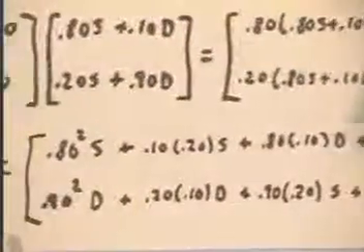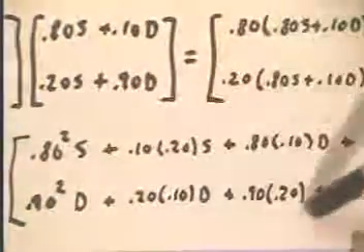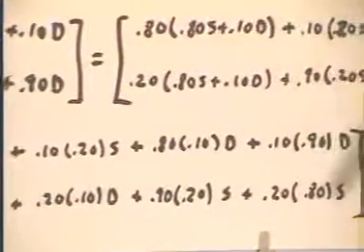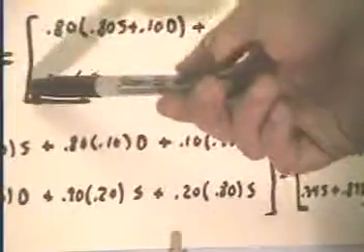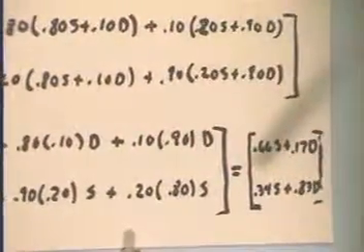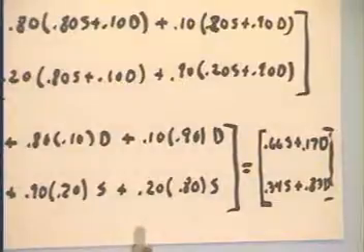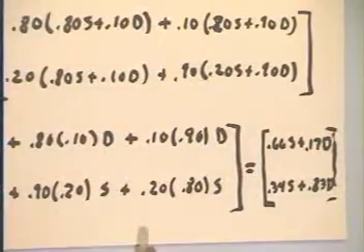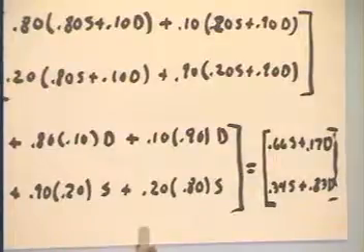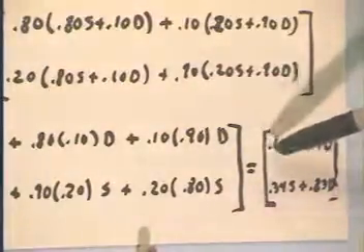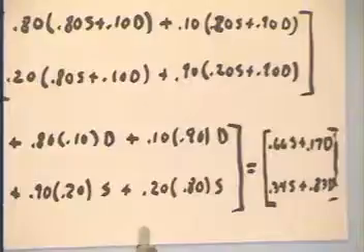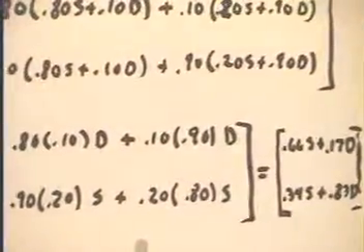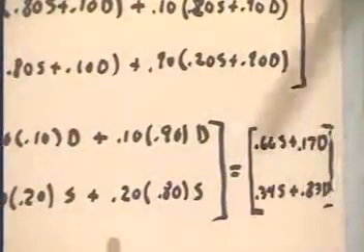You should look at your printout and see how these numbers all come from the second row here. When we add all these together, we end up with just 0.66s plus 0.17d and 0.34s plus 0.83d.